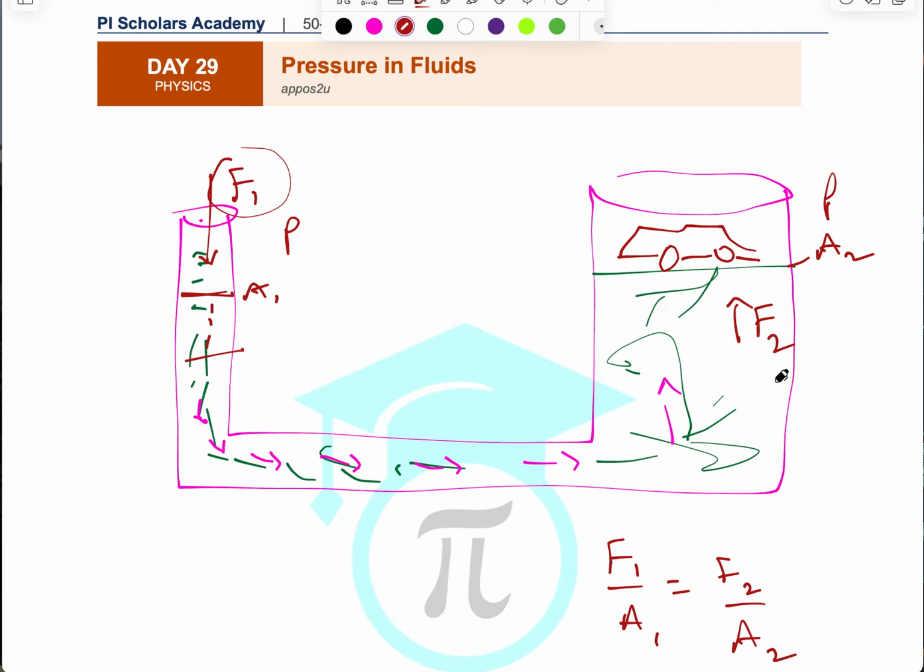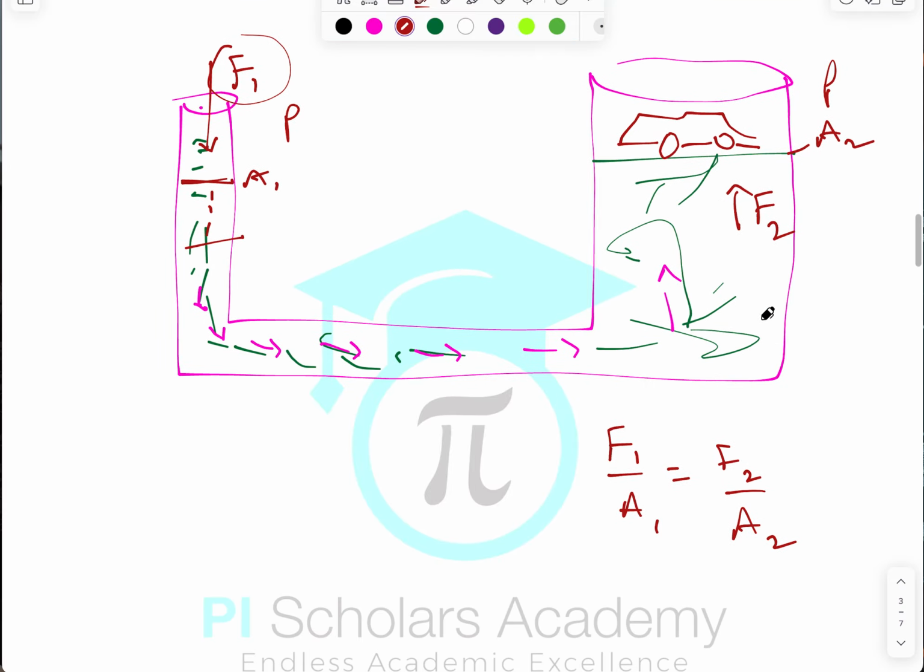That is basically how the hydraulic press works. So you have the ratio F1 over A1 equals F2 over A2. F1 and A1 are from the left limb, which has the smaller piston, and F2 over A2 is on the right limb, which has the larger piston. And that's based on Pascal's principle.